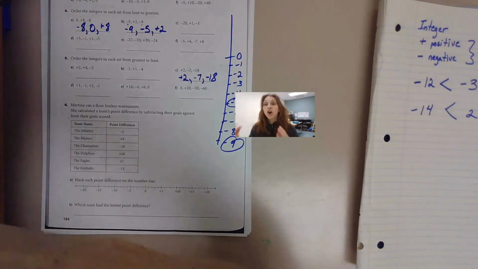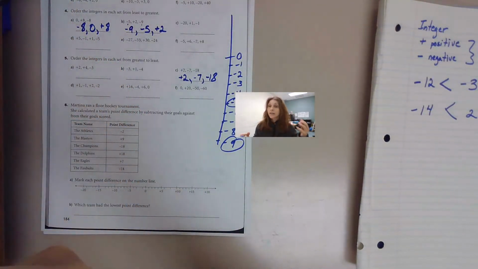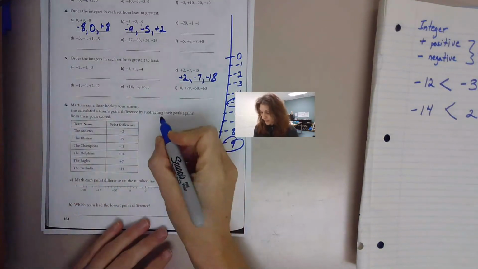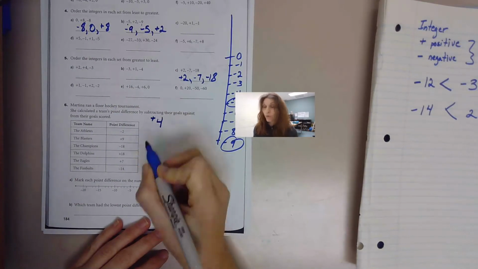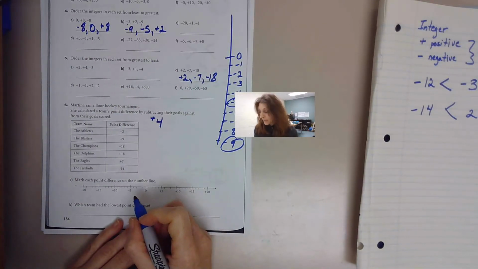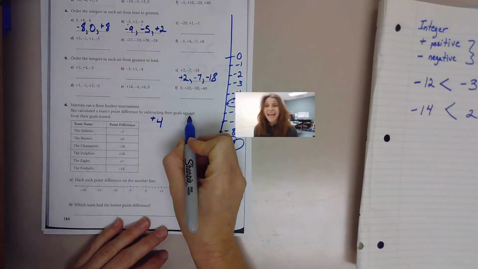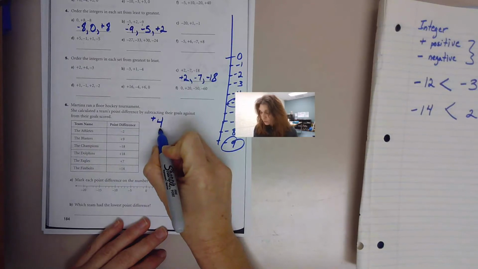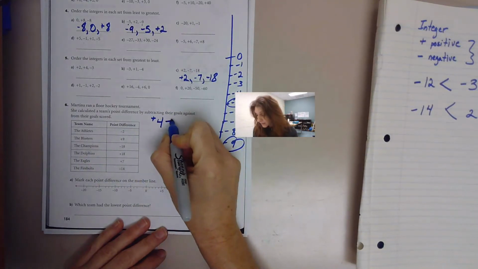If they got 4 goals, but the other team scored 5 on them, it says to subtract their goals against from their goals scored. So goals scored was +4, goals against was 5.